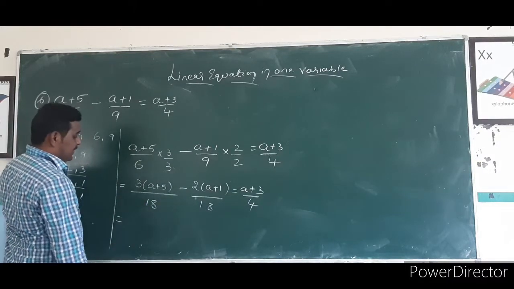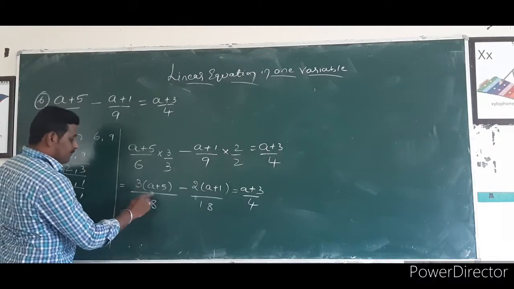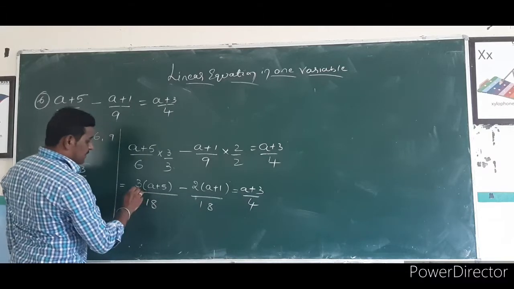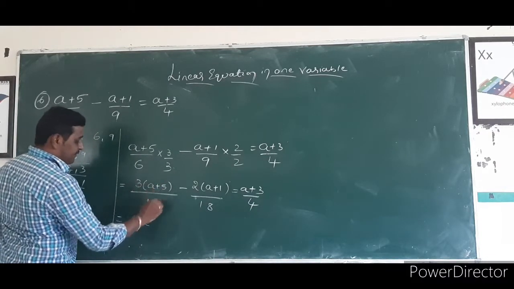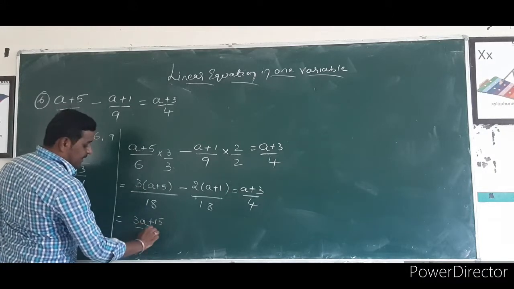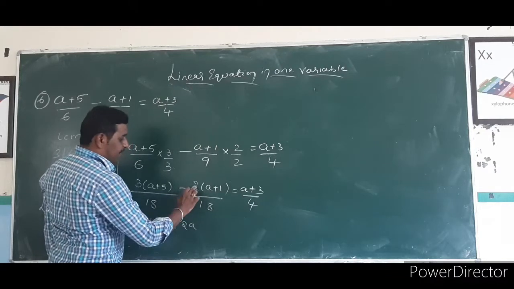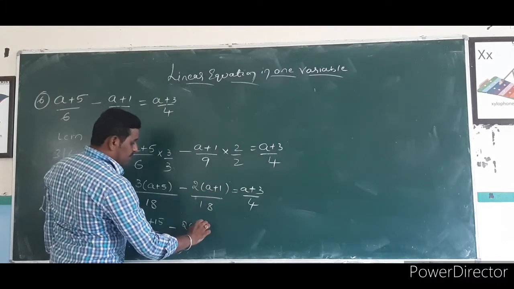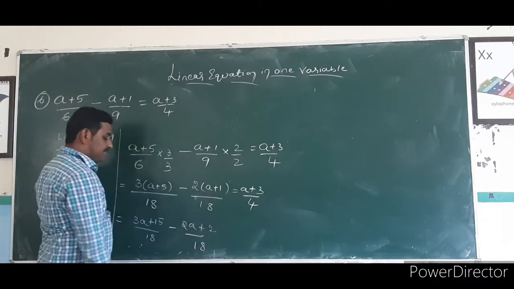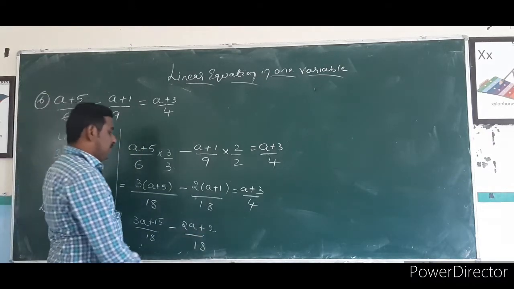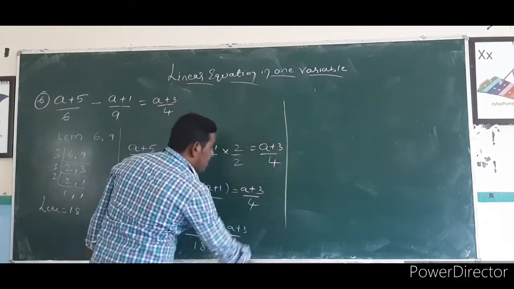First you simplify. 3 into a is 3a, 3 into 5 is 15, divided by 18, minus 2 into a is 2a, 2 into 1 is 2, over 18, is equal to (a plus 3) divided by 4.